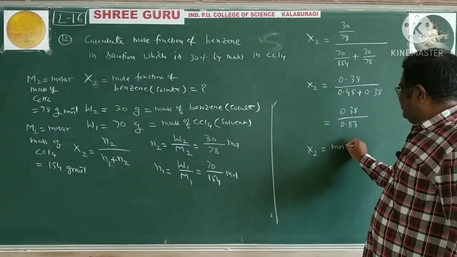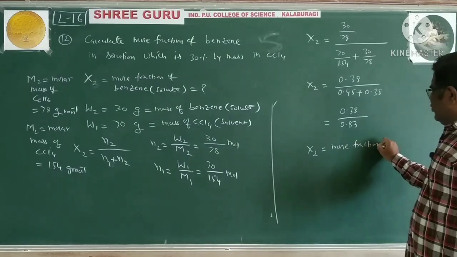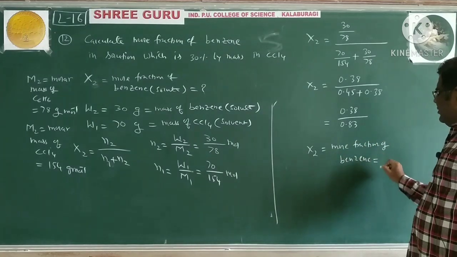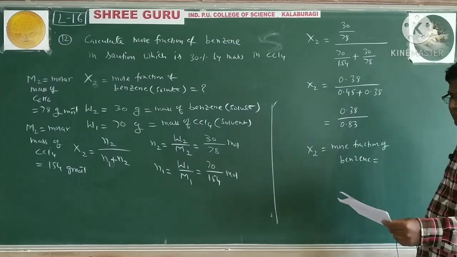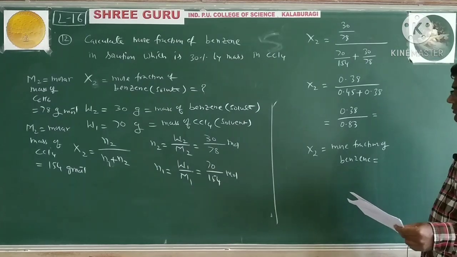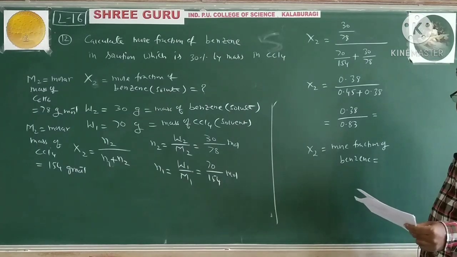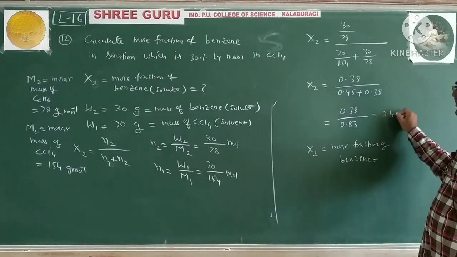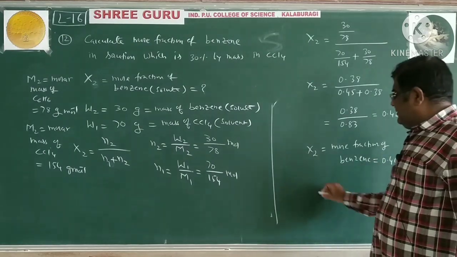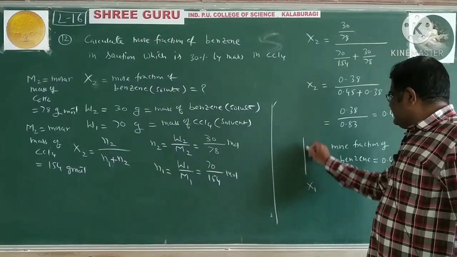X2, the mole fraction of benzene, equals 0.38 by 0.83, which is 0.46. If they ask, this is our answer.